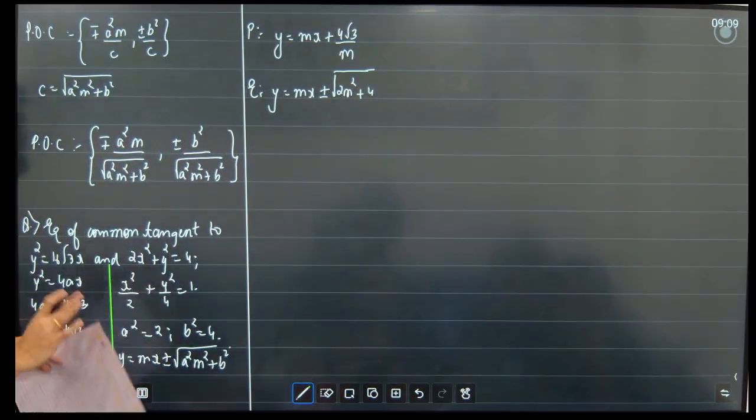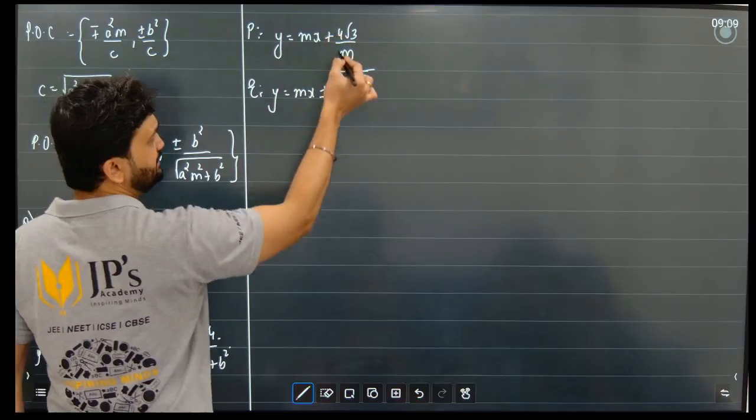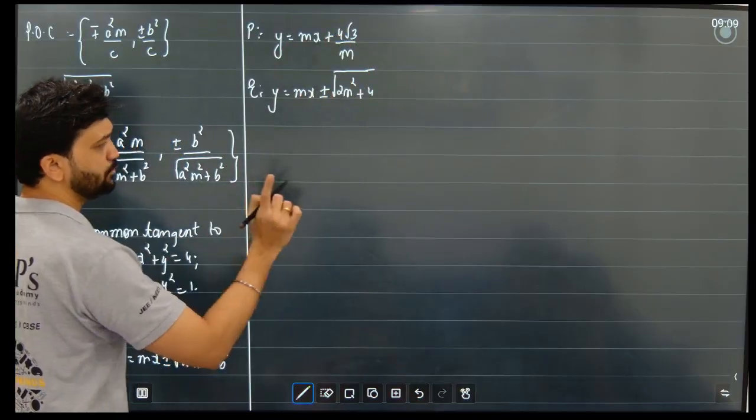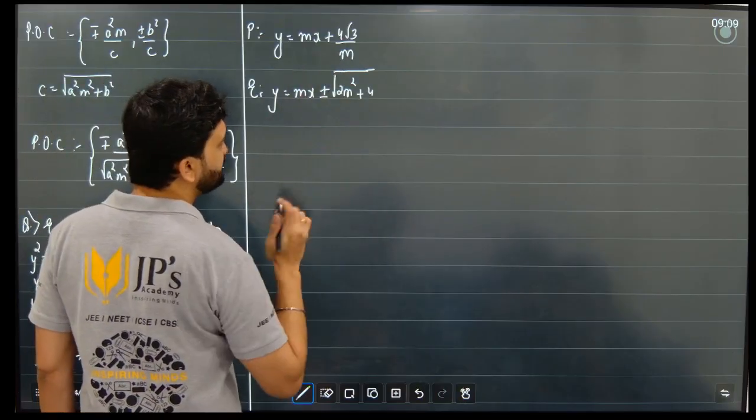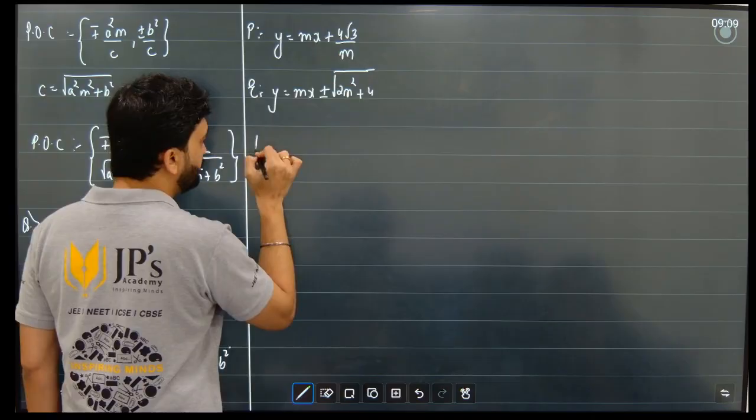Now, I understand that these two represent the same line because equation of common tangent बोला, and since they both represent the same line, they are proportional.